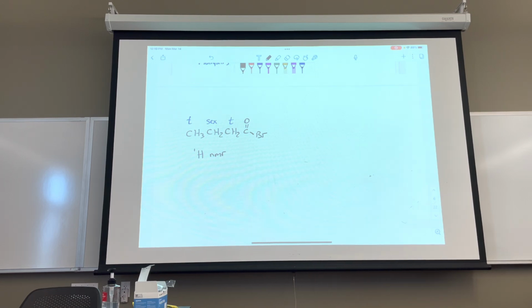In carbon, multiplicity is a little bit different. I'm going to draw this one. So when we're looking at carbon NMR, we do have to at least initially consider the possibility that you could have carbons splitting other carbons.